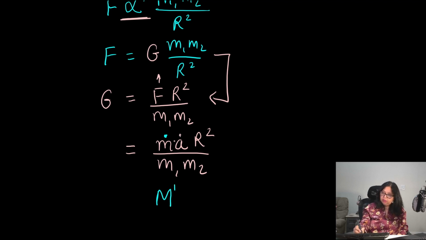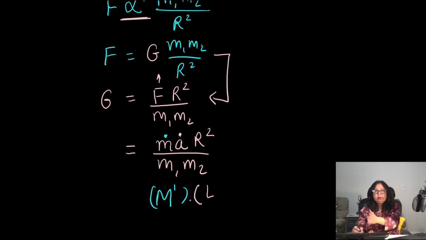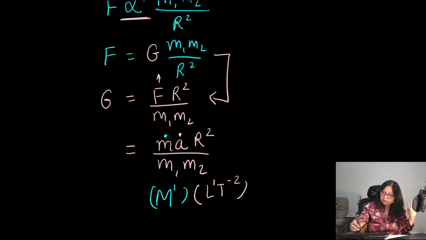Acceleration, okay, I'm going to just write parentheses here. Acceleration is M0 L1 T to the power minus 2. Any kind of M, L, or T, whichever of these has power of 0, I'm not going to write it, okay? So this is L to the power 1, T to the power minus 2. r squared is going to be L squared.